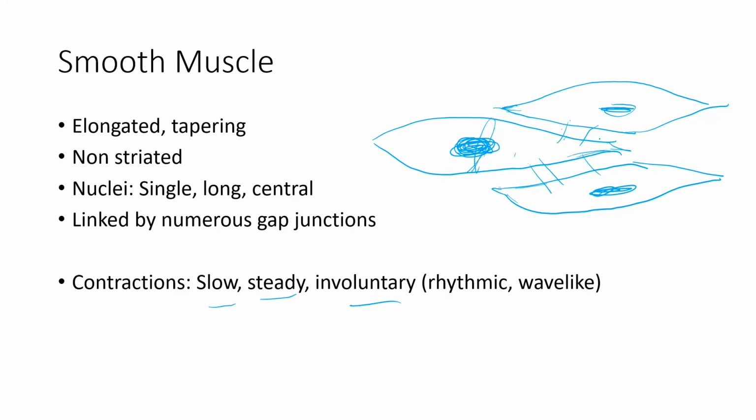And in the glands, and what else? Blood vessels. Yeah, exactly. In the blood vessels you find it. And in the reproductive system, in the uterus, in the fallopian tubes, you also find smooth muscles.